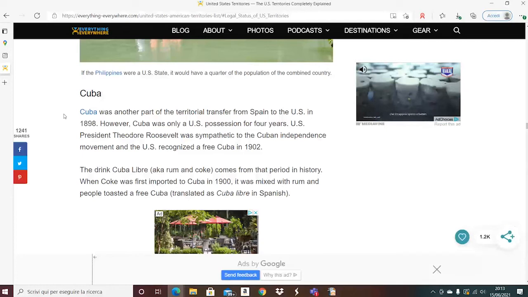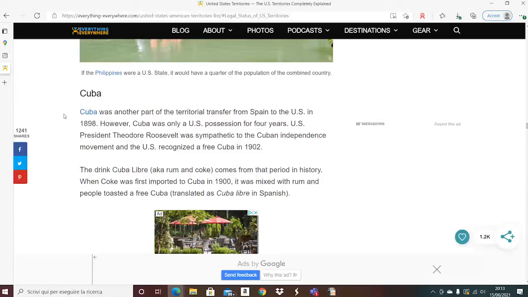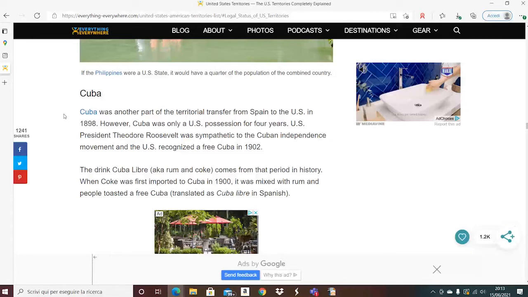So Cuba was another part of the territorial transfer from Spain to the US in 1898. However, Cuba was only a US possession for 4 years. US President Teddy Roosevelt, Theodore Roosevelt, was sympathetic to the Cuban independence movement, and the US recognized a free Cuba in 1902.